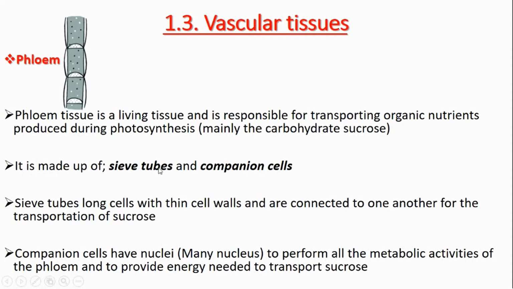It is made up of sieve tubes and companion cells. The sieve tubes are long cells with thin cell walls and are connected to one another for transporting sucrose. The companion cells have nuclei to perform all of the metabolic activities of the phloem and provide energy needed to transport the sucrose.